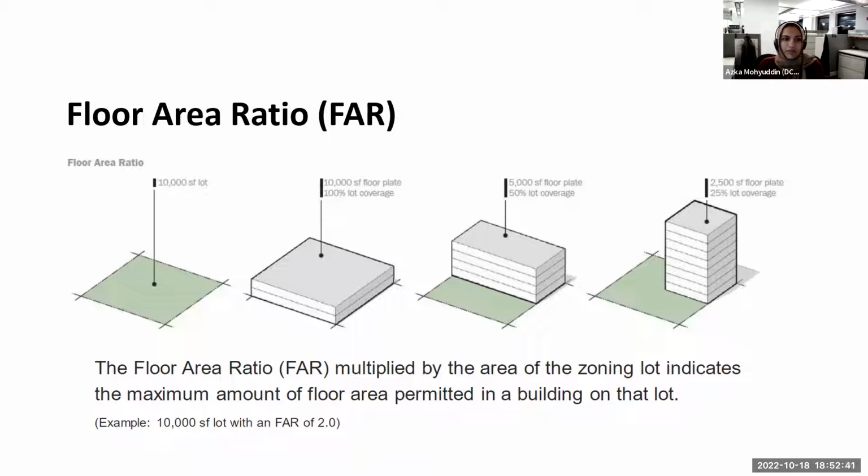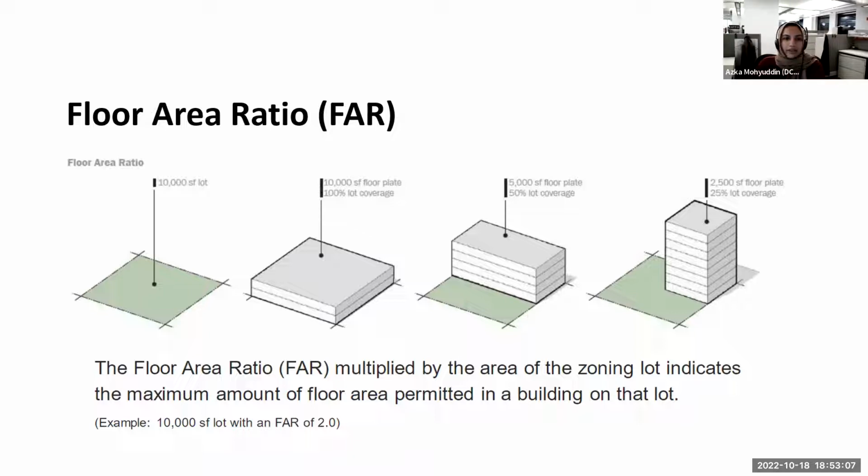For example, you can look here. We have a 10,000 square foot lot, and the permitted FAR on this lot is 2.0. How the developer puts that 2.0 on that lot will depend on zoning controls, such as bulk controls, which I'll go over, that dictate where that floor area can go.